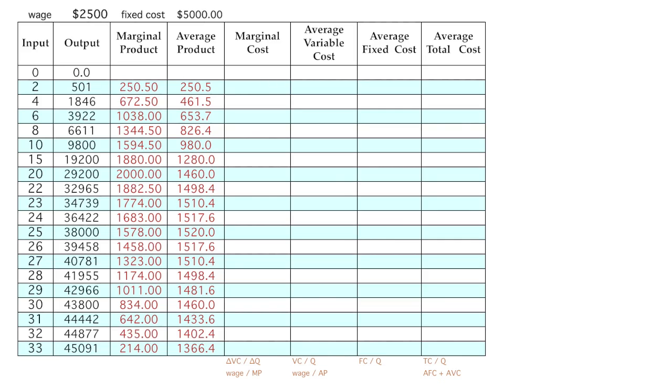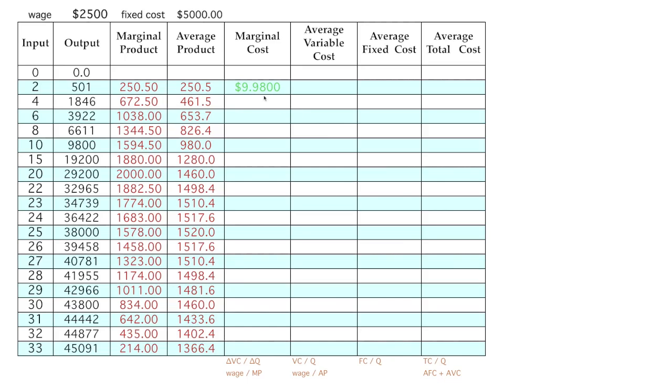But for this answer, you can either take 5,000 and divide it by 501, and you'll get 9.98, basically $9.98. If you want to do it the other way, take 5,000, the difference in the variable cost, and divide it by 501, you'll get the same answer. Go ahead and try it. 5,000 divided by 501 is 9.98.